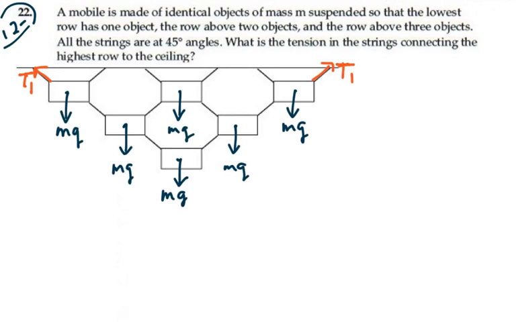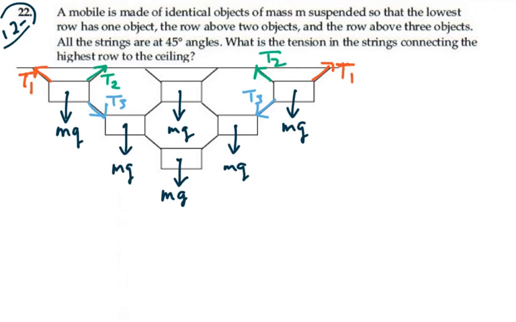And let's call the cord next to it T2, which would make this T2 as well. And this one, we'll call T3, which by symmetry would be this one as well over here.